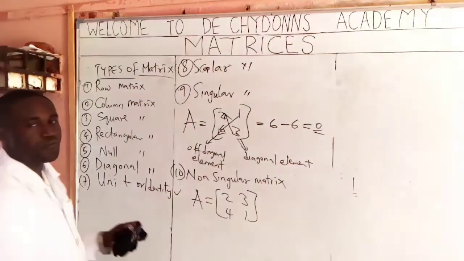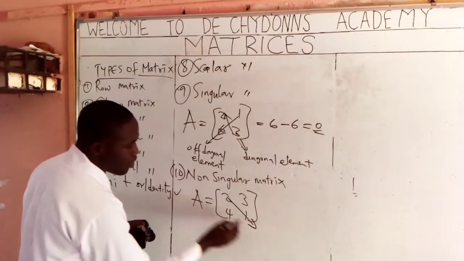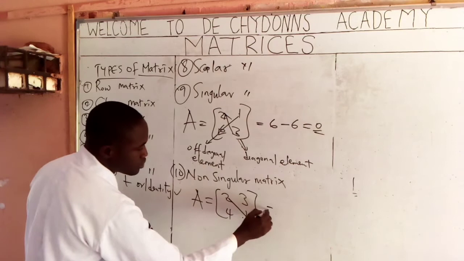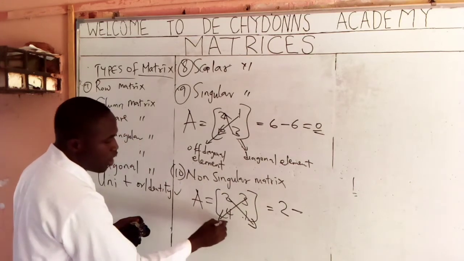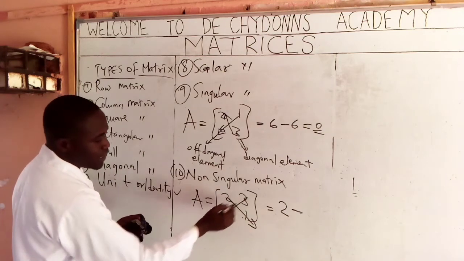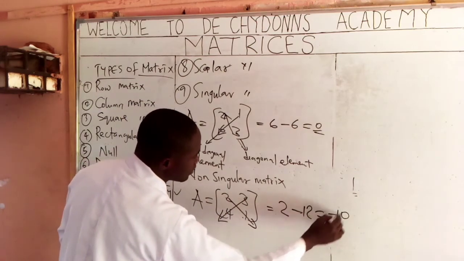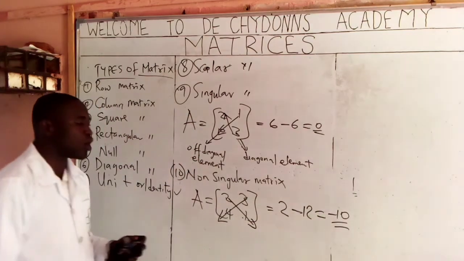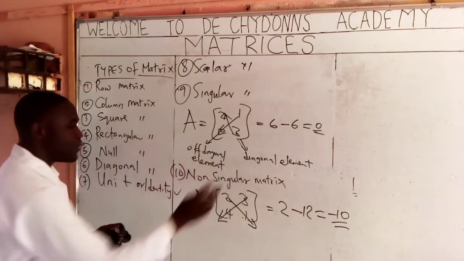Because its determinant will not give us 0. What is the determinant? Multiply the diagonal elements: 2 times 1, 2. Minus, multiply the off diagonal elements: 3 times 4, 12. That gives you minus 10. So minus 10 is not equal to 0, so you say it is a non-singular matrix.